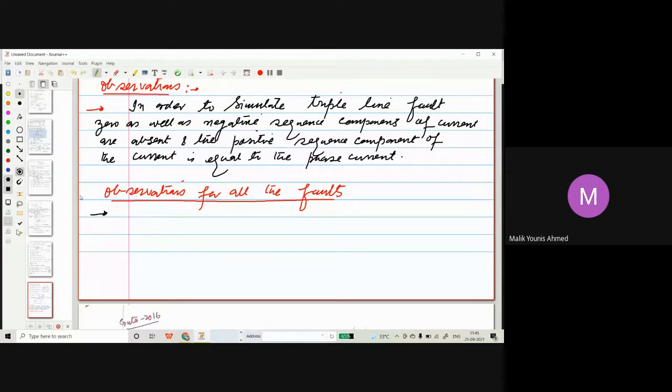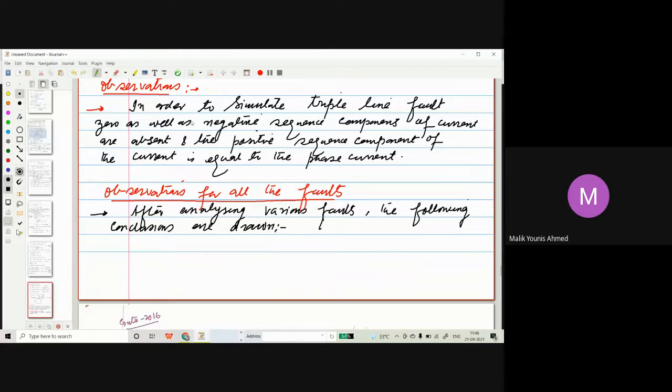Number one observation: after analyzing various faults, the following conclusions are drawn. This is very important from the GATE examination point of view.